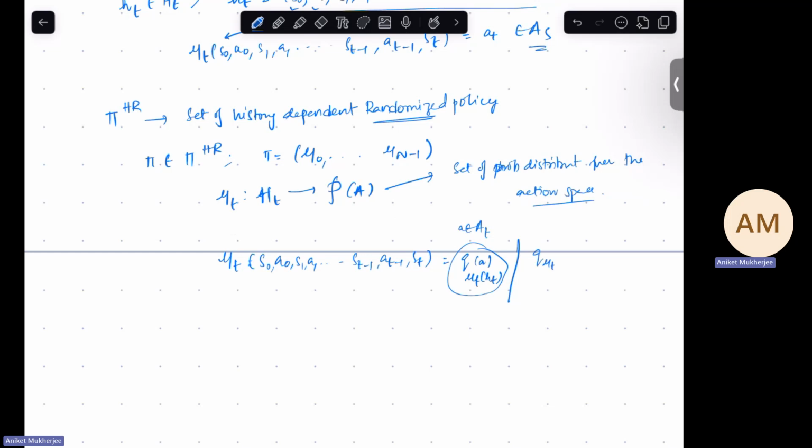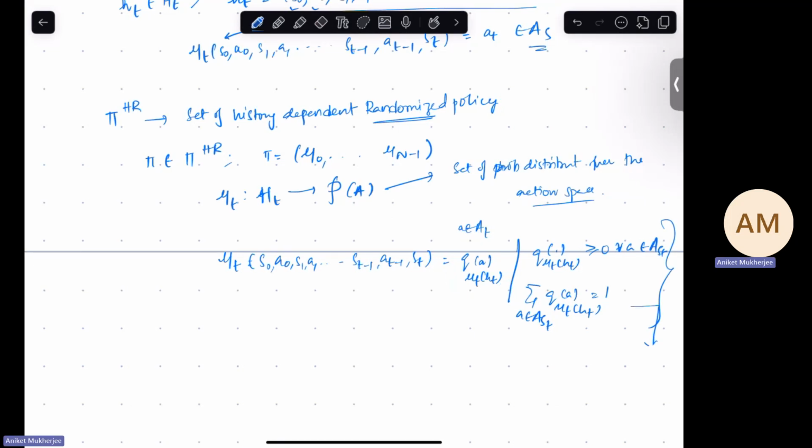So we have q mu t of a given ht greater than or equal to 0 for all a belonging to A, and the summation over a belonging to A of q mu t of a given ht is 1. So basically these two conditions give you that this is a probability distribution over actions that belong to the set A.